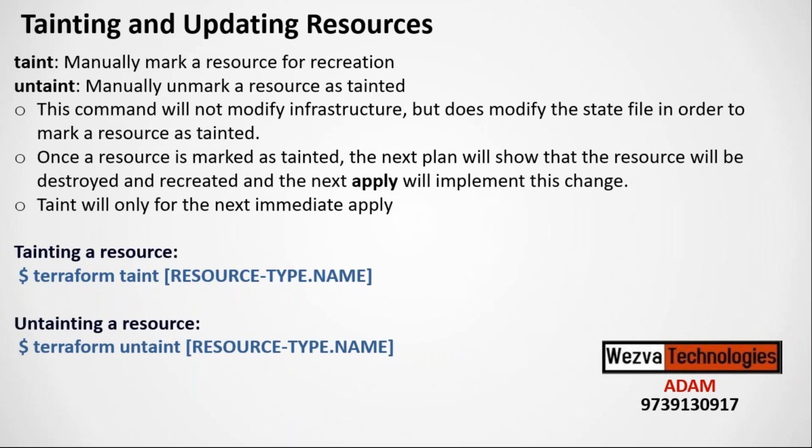Okay, so this is where we need to explicitly mark a resource to recreate. But there are many situations where when you run Terraform, Terraform itself will mark a particular resource as taint and it will recreate. Okay, so that is where there are scenarios when you have to explicitly mark the resource as taint, and then you need to immediately do a Terraform plan, followed by a Terraform apply.